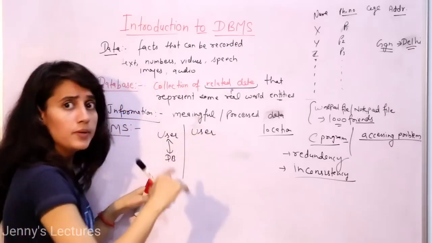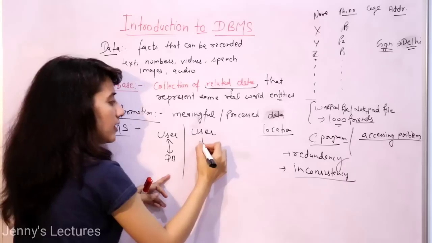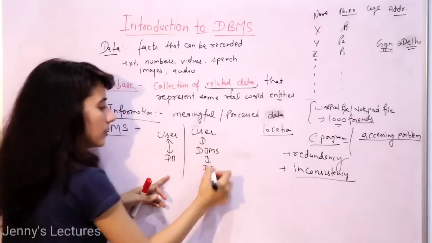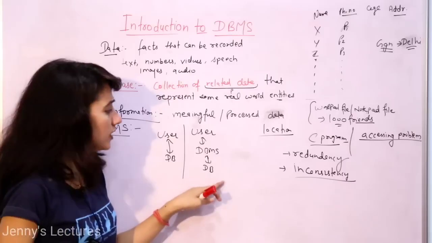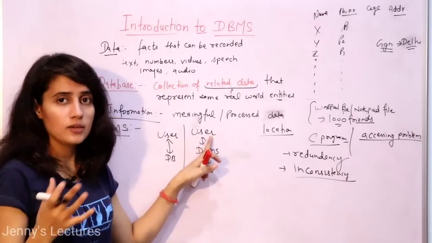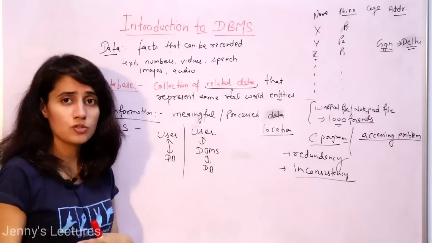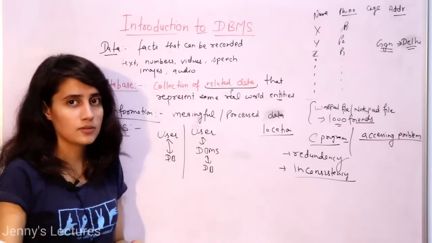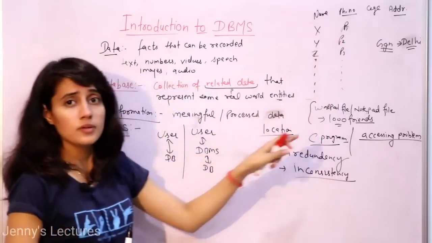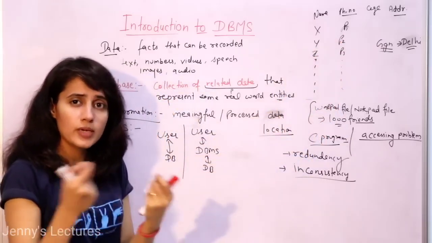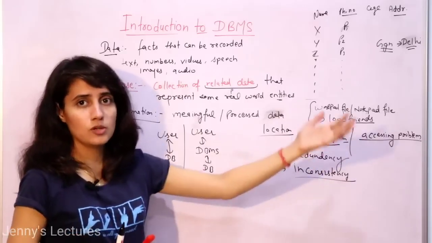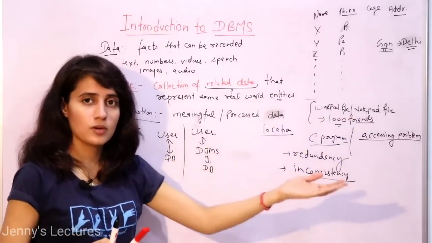Now this could be a scenario. If you are using a DBMS, database management system, the user will interact with the DBMS and the DBMS will interact with the database. So in this case the user has no information about the database, where the file is stored, what the file format is. If you don't want to show the phone number, you simply write a query and create a view and show the result to another person.